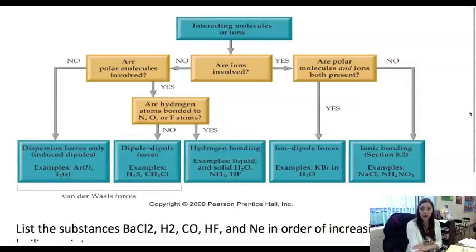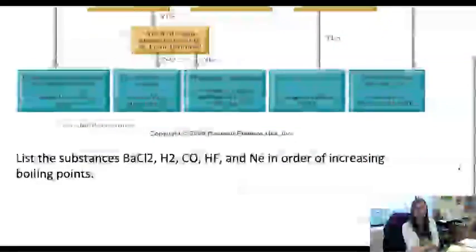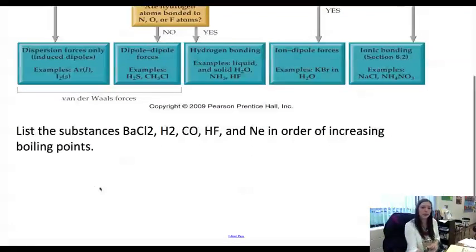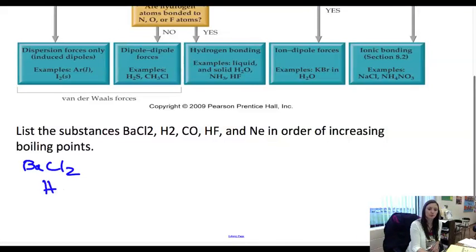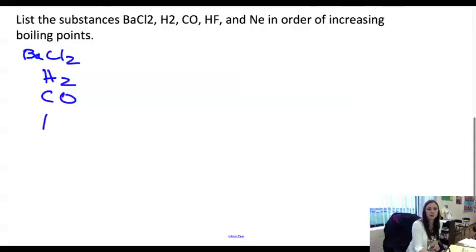Okay, so let's try this example here. It says list the substances BaCl2, H2, CO, HF, and Ne in order of increasing boiling points. So we need to know what type of intermolecular force these molecules exert.